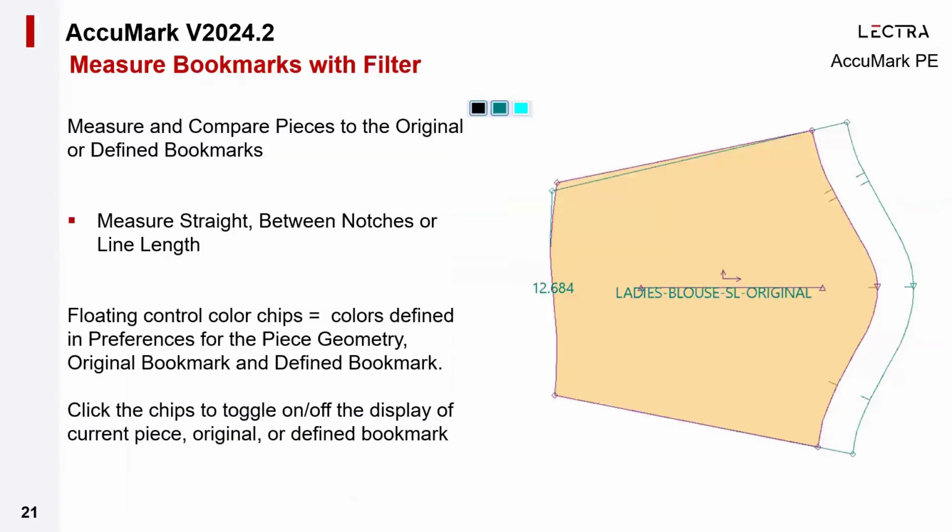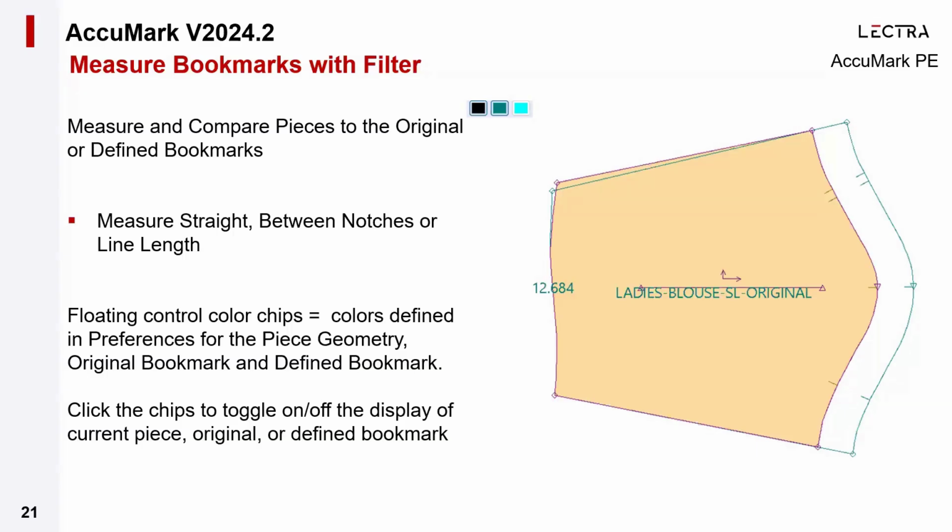Moving on, another new feature, or improvement that we've made, is to bookmarks. In version 2024.1, we introduced the ability to measure bookmark pieces, and it was a great savings of time when you verify pieces. But some of the feedback that we received was that sometimes it was a little bit hard to select the line or the line segment that you wanted whenever the lines were overlapping on a bookmark or the original piece, when that geometry was laying on top of each other.